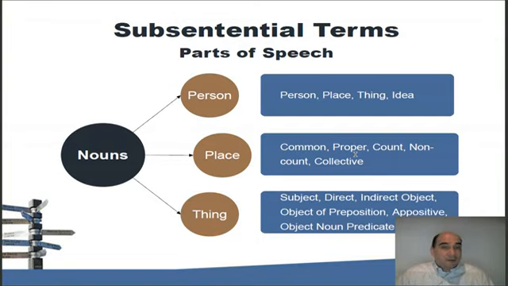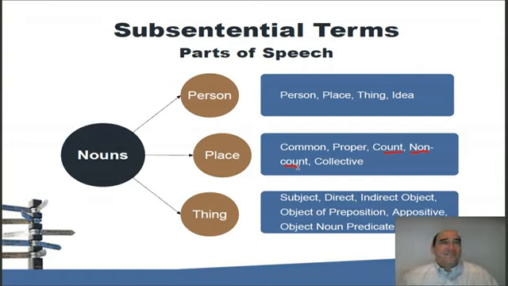The Eiffel Tower, my brother Fred, all of these are proper nouns. We have nouns that we can count. I can count tables and chairs. I can count stools and sofas. And then there are non-count nouns, things like furniture. I can't count furniture. I can't count transportation.